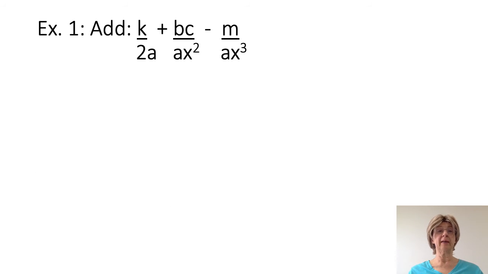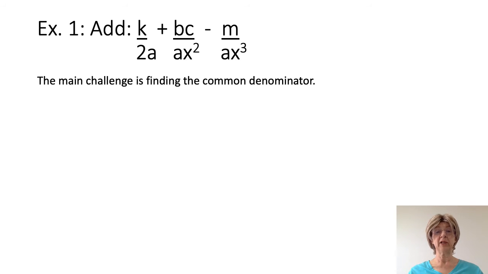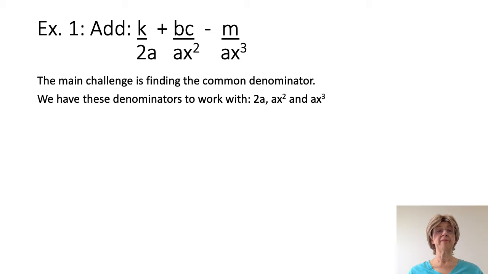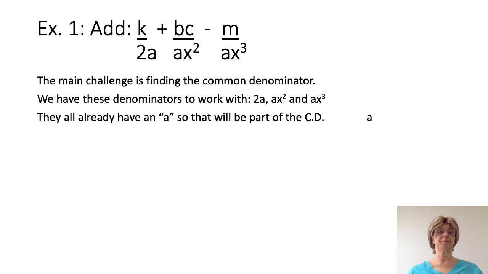Example 1, add k divided by 2a plus bc divided by ax squared minus m divided by ax cubed. The main challenge is finding the common denominator. We have these denominators to work with: 2a, ax squared, and ax cubed.